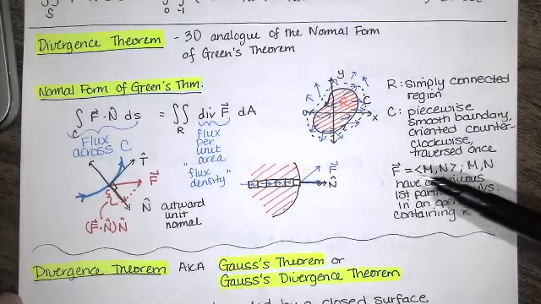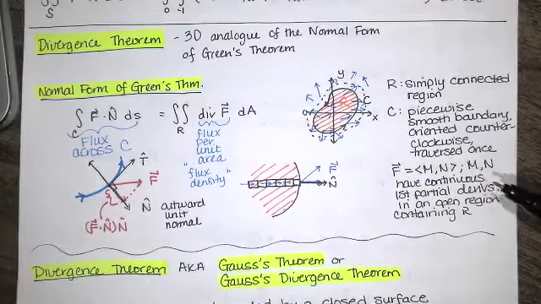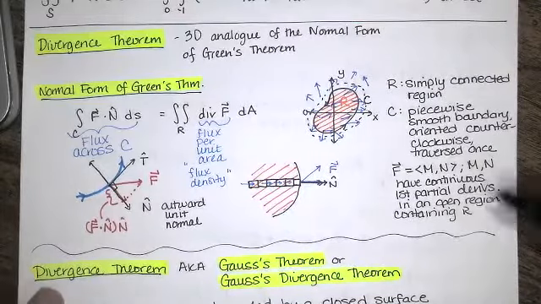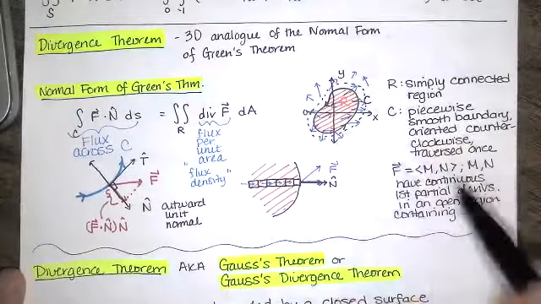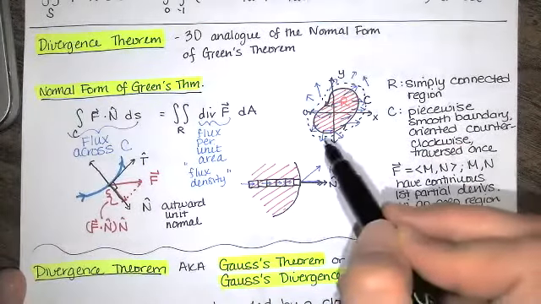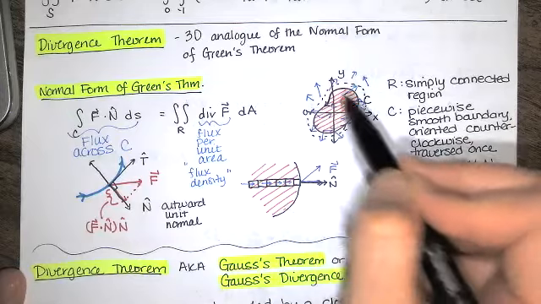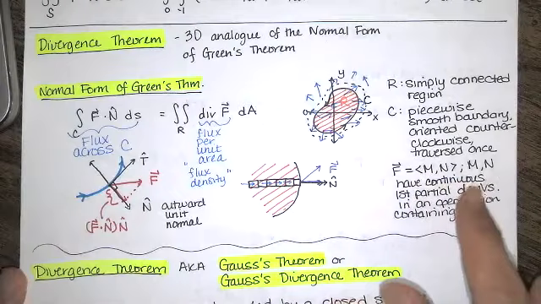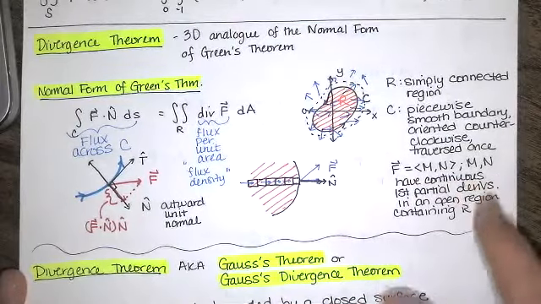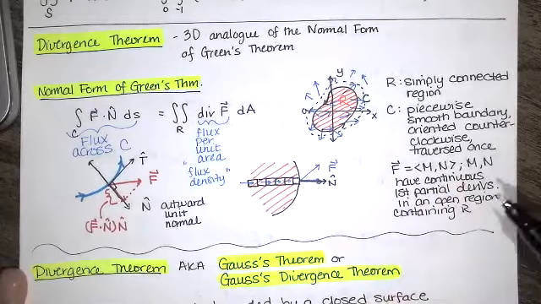And our field is a field in the plane, and its component functions M and N have continuous first partial derivatives in an open region containing R. So I put a little dotted line here, so that just means that these two functions are continuous inside that little dotted line and in the region R itself and on the boundary C. So those component functions are continuous there, and their first partial derivatives are continuous.